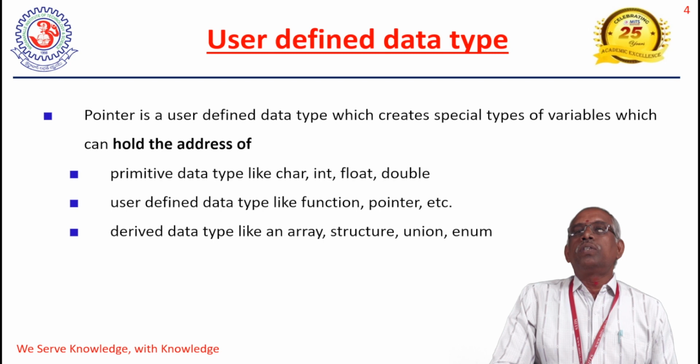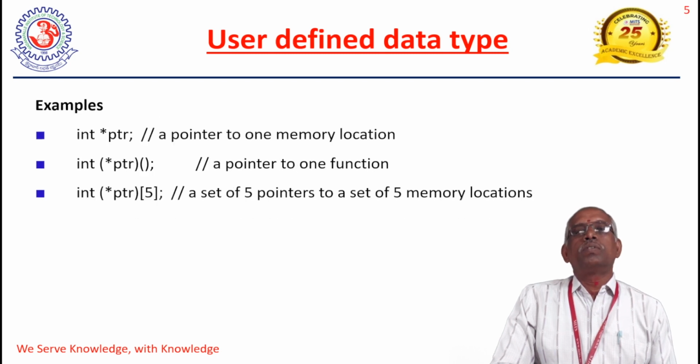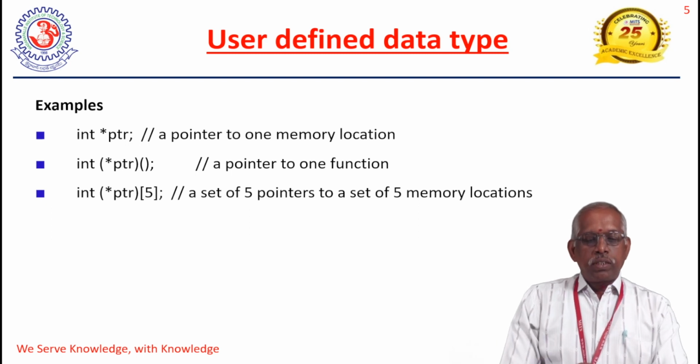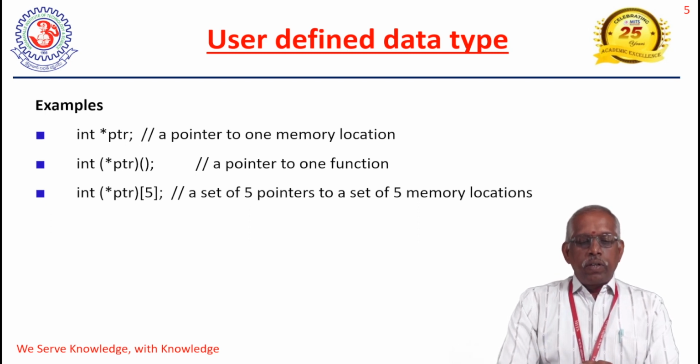Let us move on to the next slide. So this is an example. In the first example, we are declaring a pointer named PTR, with the data type integer. So it is going to point to an integer data value.